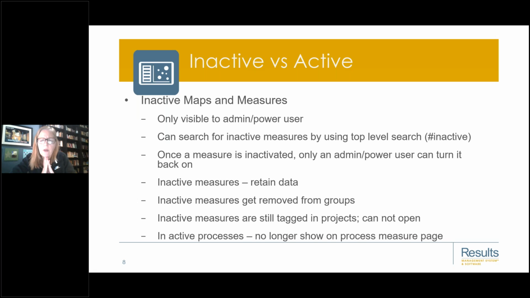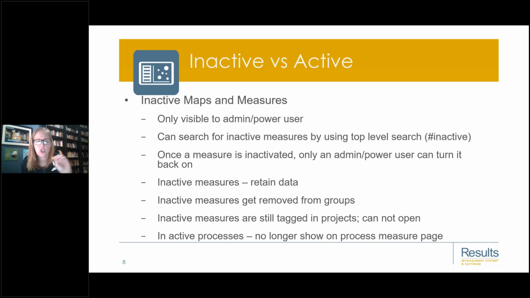Once you turn things off, so if you have an inactive map and inactive measures, they no longer show to the general results user. So say I had a map that's all about call centers, but we no longer do that, and I'm going to inactivate it. Anyone that's logging in will not see it, but I would see it on the admin screen.